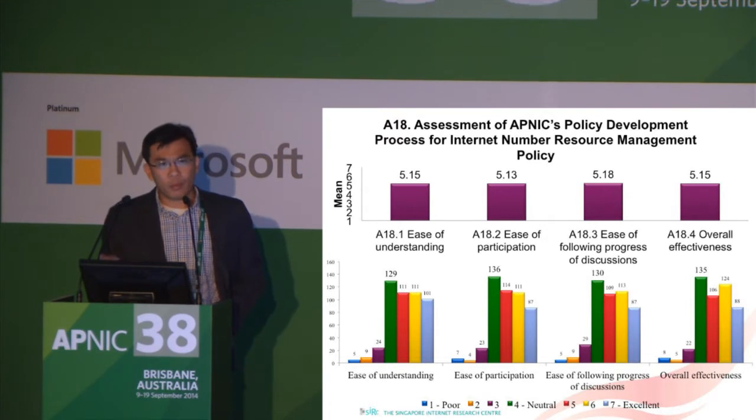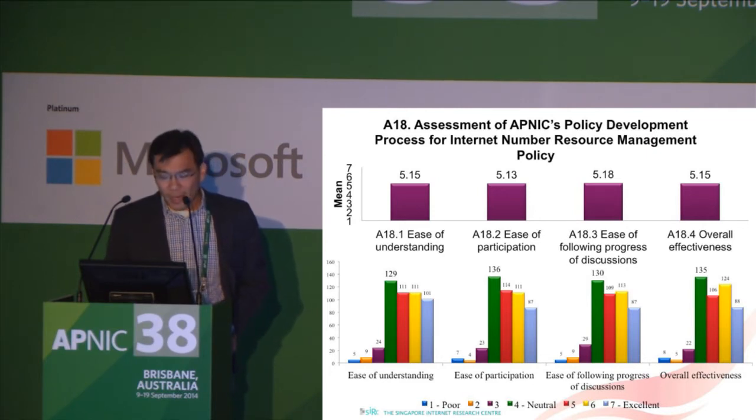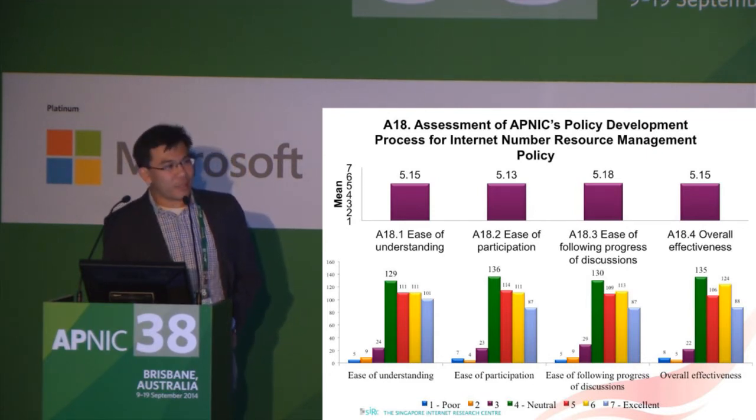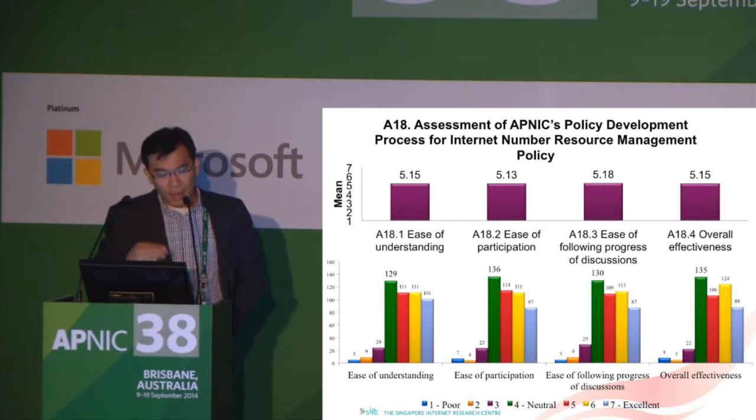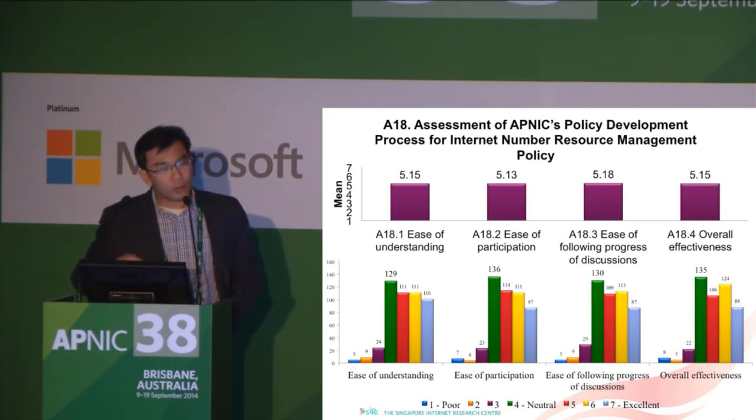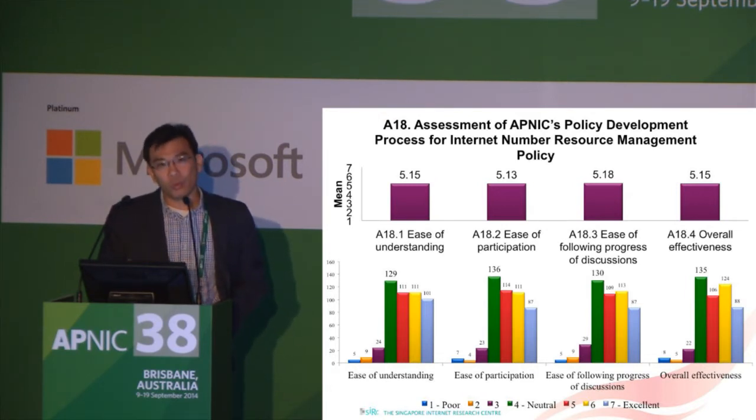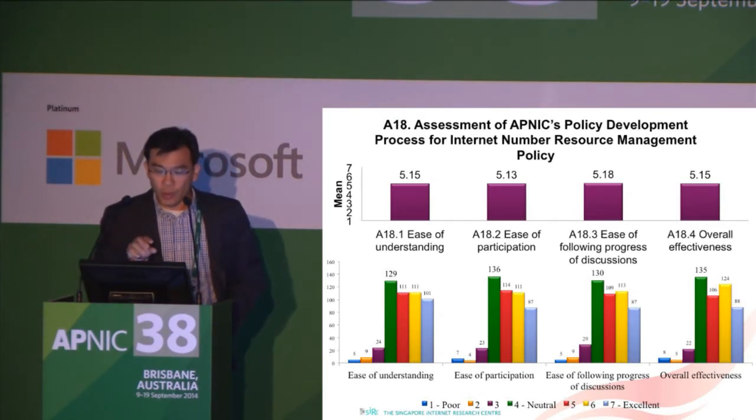We have a couple of sub-questions, but the answer is almost 5 plus something. 5 means they're a little bit satisfied, but the lower part also shows the distribution of answers, and you can find that actually the highest numbers are neutral. In other words, it means so-so, right? So I think we need to consider how we can improve these points: ease of understanding, ease of participation, and ease of following the progress of discussions.